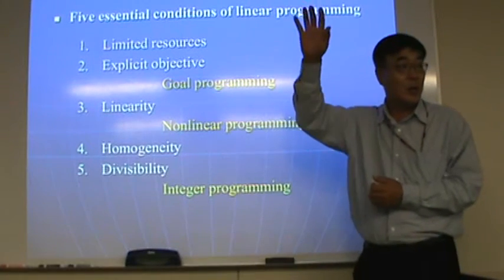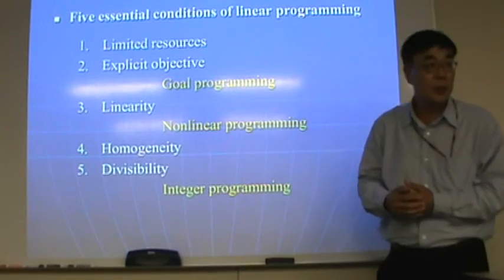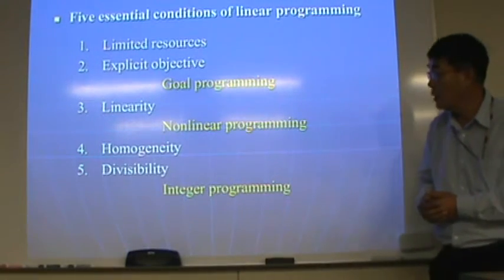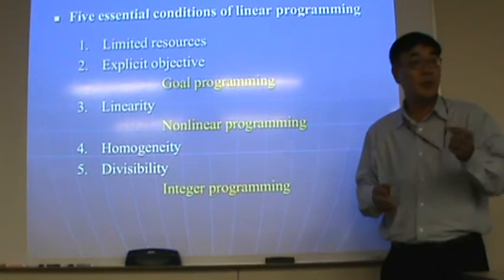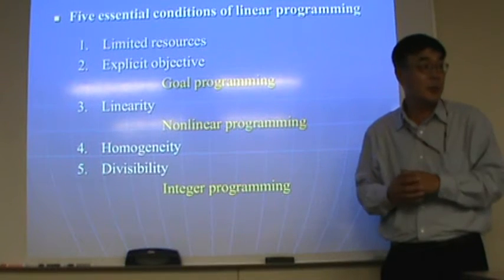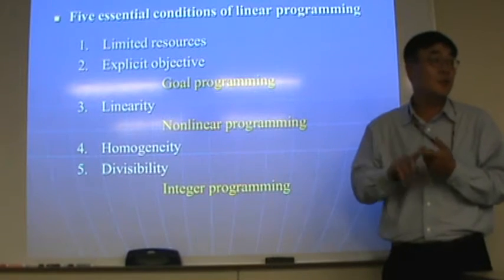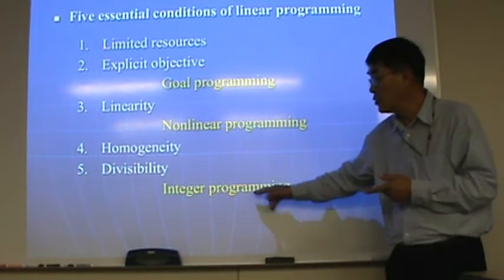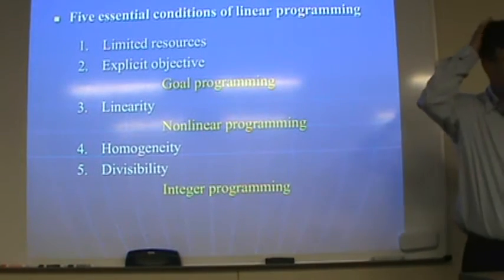If two or higher, non-linear curve, then we should use non-linear programming. And homogeneity, okay, then divisibility. If we can divide something like a half hour, 1.5, 2/3, then we can use linear programming. If we cannot divide, then we should use integer programming.